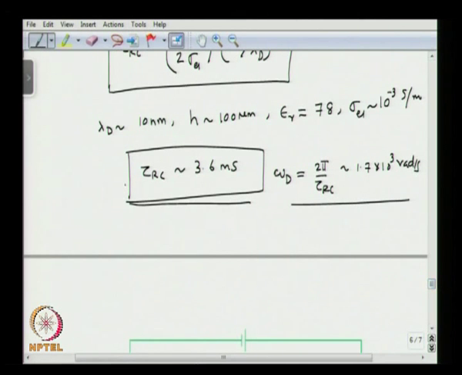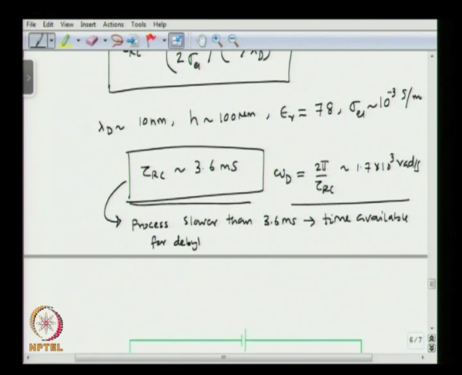So here what we understood is that for a process slower than 3.6 millisecond, you have time available for the Debye layer. Okay.